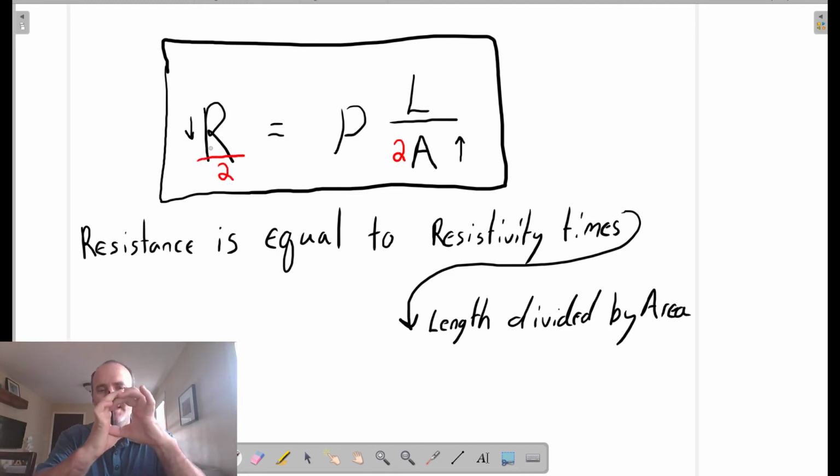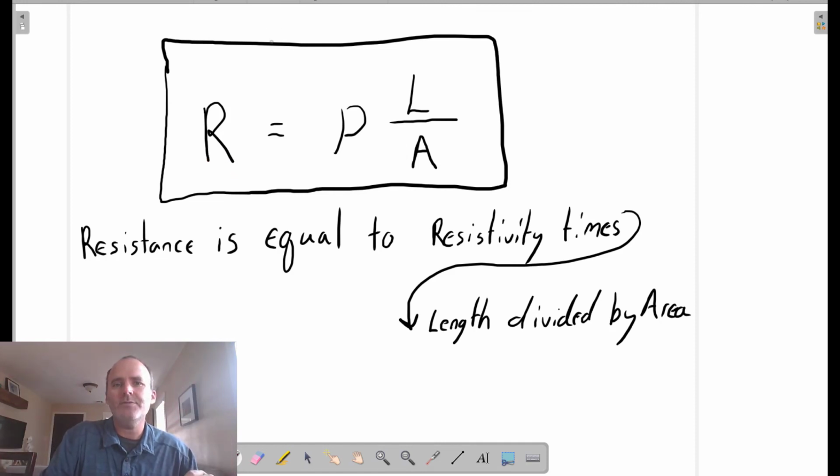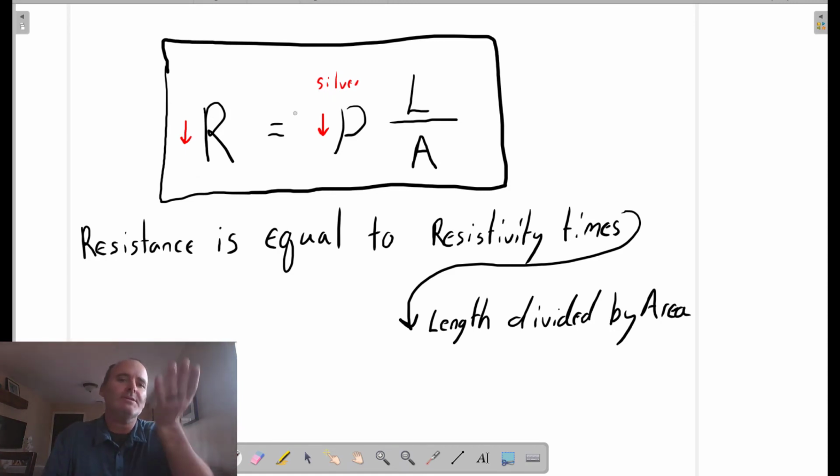If I make it bigger, the resistance goes down. And the last one, we said resistivity is directly proportional. So if we have a low number like silver, the resistance is small. If I make that lead, the resistance would be a little bit more.